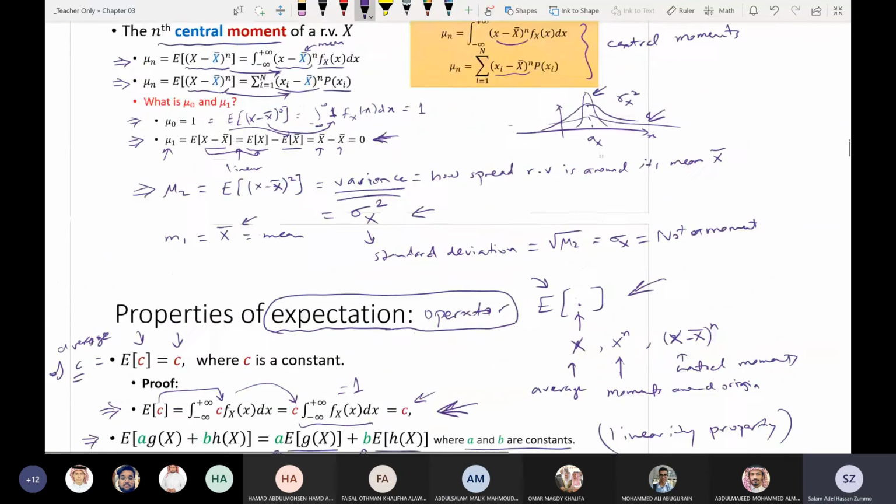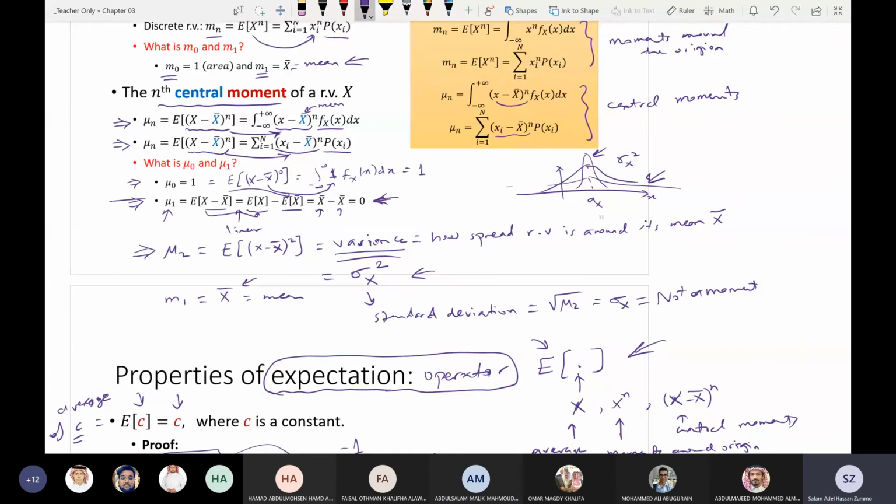Now these two properties, we used them here when we found mu1, which is the first central moment. It was the expected value of x minus x bar. If you notice, what we did is we already separated them because there's a minus sign between them. You can take the first part, which is the expected value of x, minus the expected value of the second part.